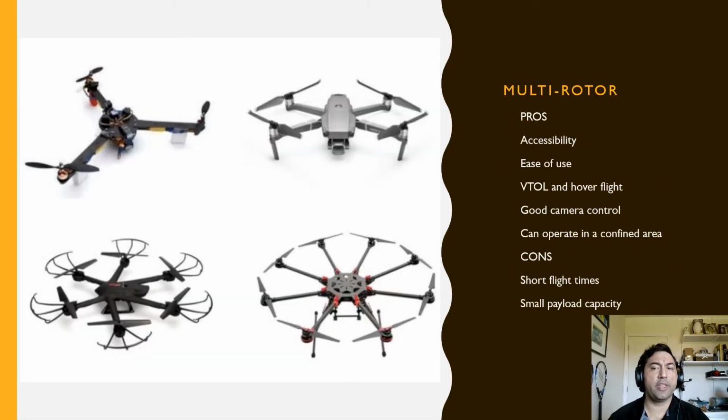Now, when most people think of drones, they usually refer to a multi-rotor drone. Starting with the tricopter, which is the first of the multi-rotor drones, you had two motors in the front and one in the back that could tilt side to side in order to make it spin left and right. As technology progressed and improved, we started using what we call quadcopters, which is probably now the most common type of drone.